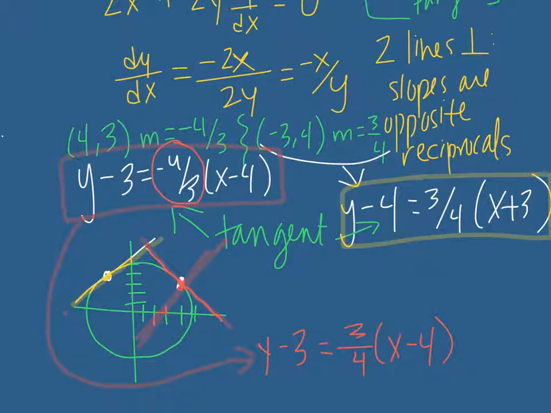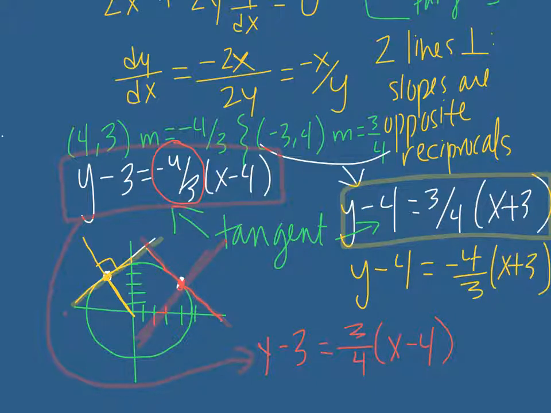Reciprocate it and make it the opposite. That makes it normal. And then for the yellow one, I'm writing the equation for that line right there that's perpendicular. I'm going to keep the point the same, but then I'm going to reciprocate and change the sign for the slope. So these two are the normal lines.